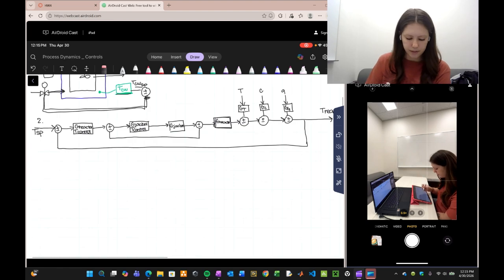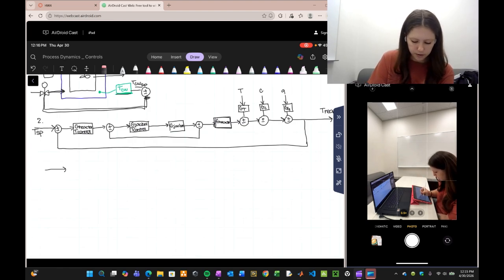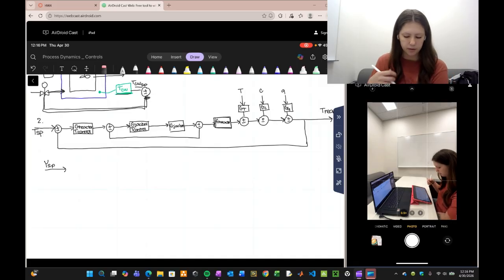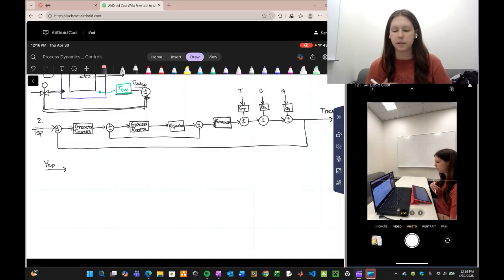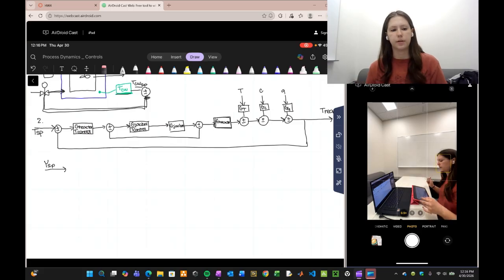So to simplify this out, I'm just going to call our input and output, instead of T, I'm just going to call it Y because that's what we've been calling it in Colab.